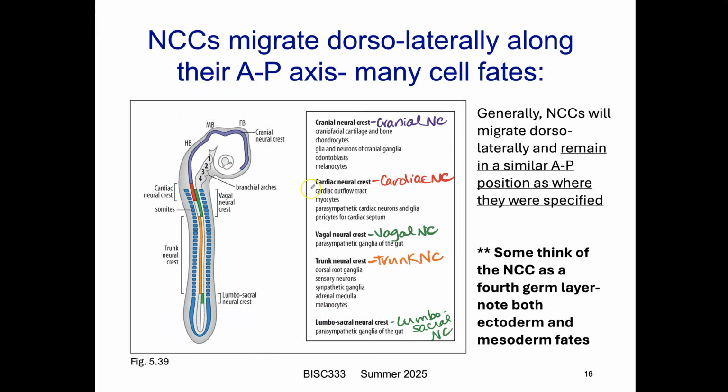Okay, and so neural crest cells, as I've said before, they migrate dorsolaterally along the AP axis, which means that they stay in their same anterior-posterior position. So if you've got cells that are originating here, they're migrating down and around here, and they'll contribute to these branchial arches, some of which form the jaw and parts of the face and so on.